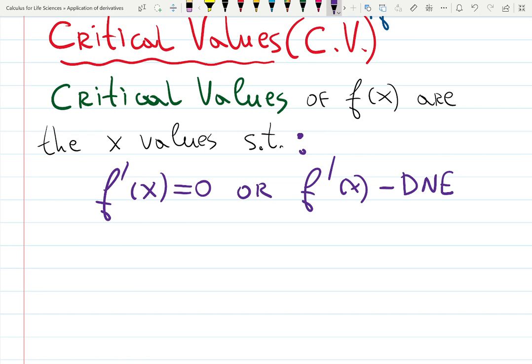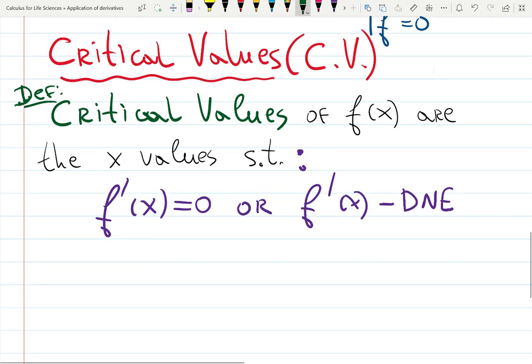That is a definition. Let me write it down. Definition. So not only local maximum and local minimum can happen where derivative is 0.